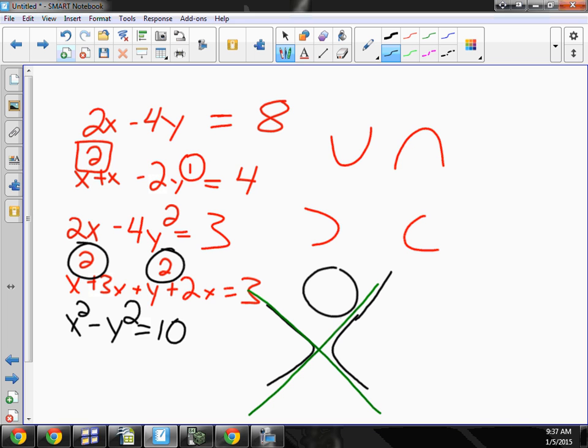Okay? Then there's one more. If we had like x squared and y squared, but the coefficients in front of them were different. So the x squared is getting multiplied by 4, and the y squared is getting multiplied by 5. And that's called an ellipse. It would look something like this. And an ellipse has two separate radii.